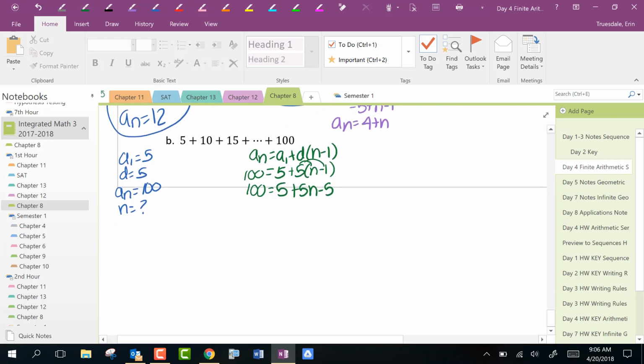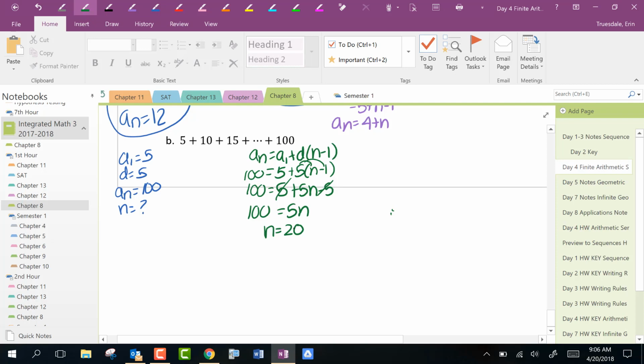I could see a lot of people doing that, so I wanted to mention that. But here, the 5 and the negative 5 cancel. So 100 equals 5n. Divide by 5, so n would be 20. Again, tell me in words what this means for this sequence. There's 20 terms. The 100 is the 20th term. Good.